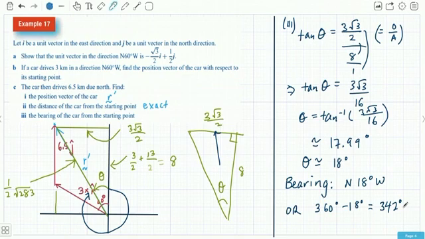Okay, so two ways to do your bearing. The true bearing is the more common way of seeing that bearing, and we got that result just by thinking about the triangle that we could form using the information that we already knew. So quite a difficult question, that one. It's a real application question for vectors, but a good one because it tests your knowledge of magnitudes, unit vectors, and also angles for vectors.